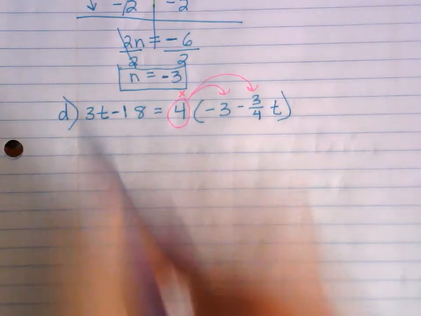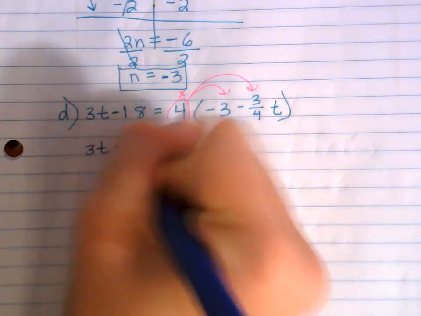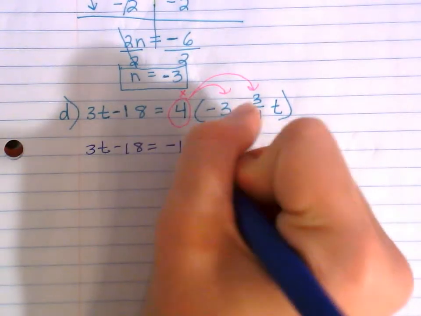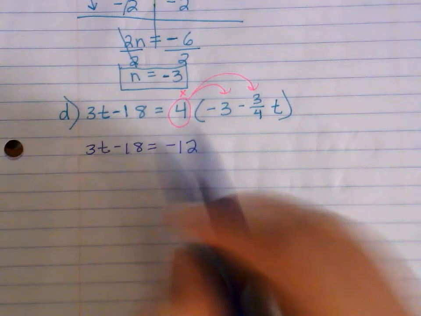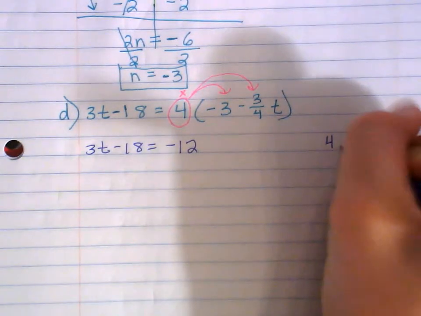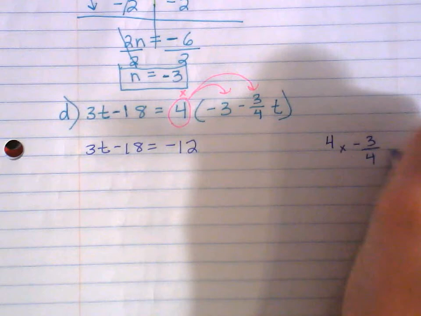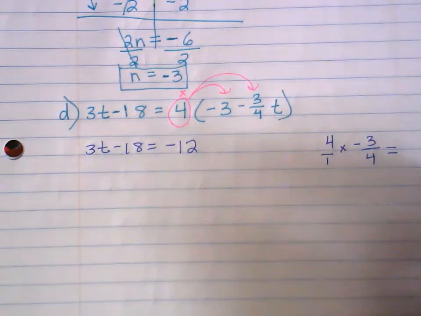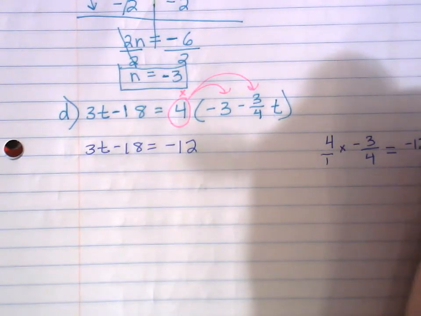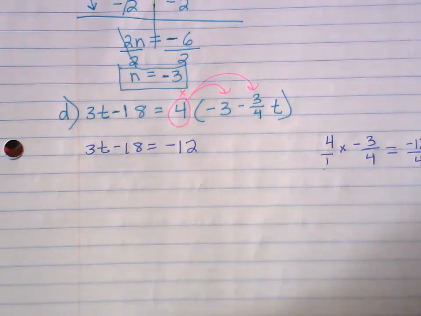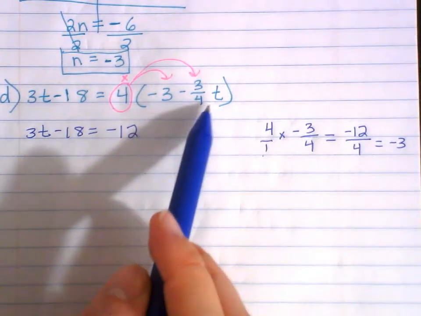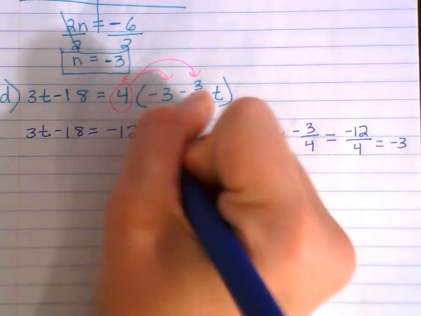So 3t minus 18 stays the same. 4 times a negative 3, negative 12. 4 times a negative 3/4, that's over an invisible 1. 4 times negative 3 is negative 12. 1 times 4 is 4. Negative 12 divided by 4 is negative 3. So 4 times a negative 3/4 t is a negative 3, so minus 3t.